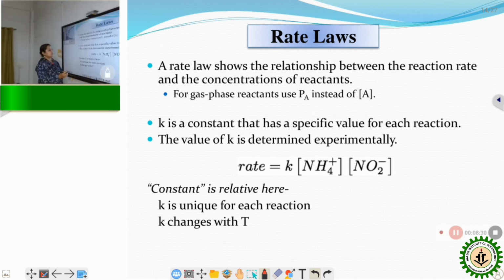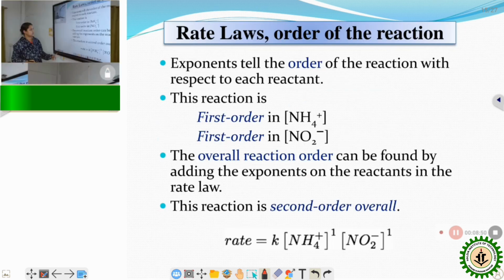And again, for a solution phase reaction, we have to represent the rate law or the rate equation in terms of the concentration of the reactants. But if the reaction is a gas phase reaction, then the concentration term is replaced by the partial pressure of the reactant molecules.